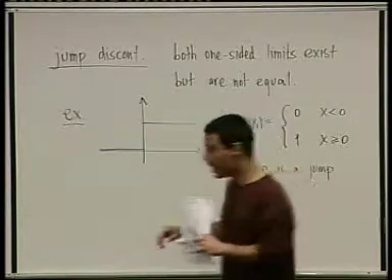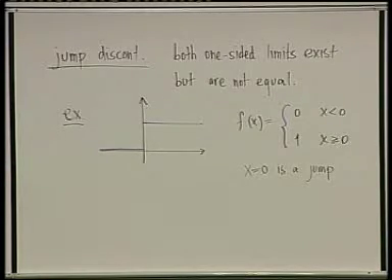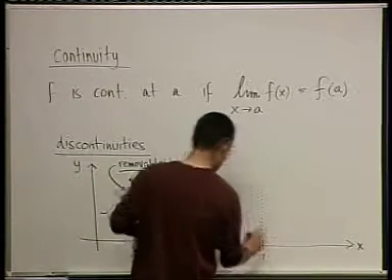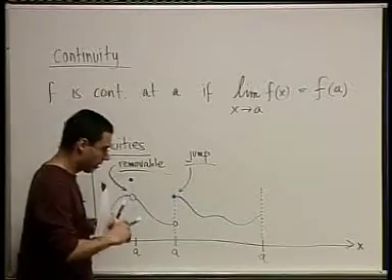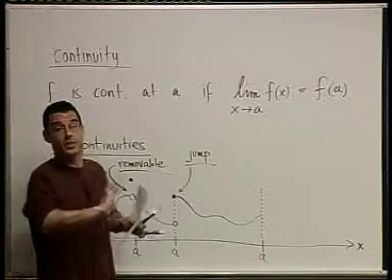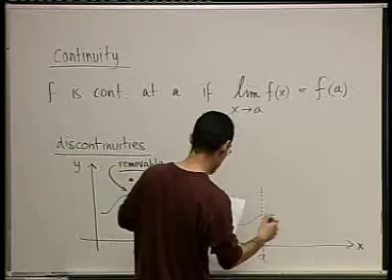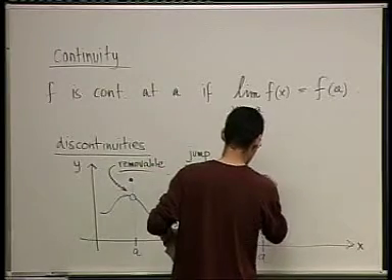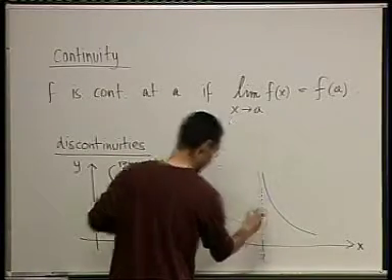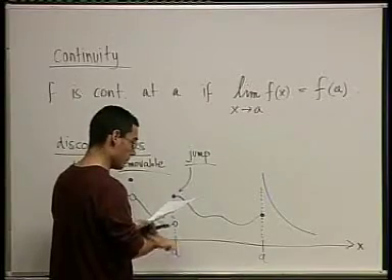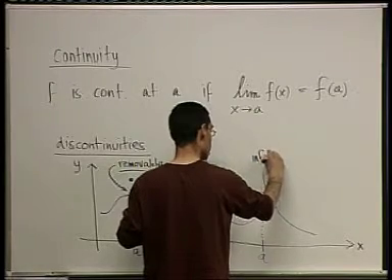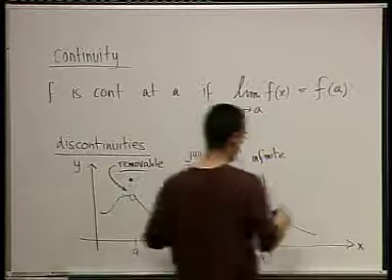Clear? Okay, so the third type of discontinuity that we're going to have is a discontinuity where things go very, very wrong. Namely, at least one of the one-sided limits doesn't exist at all. So, for example, you could have something like this. This is often called an infinite discontinuity.